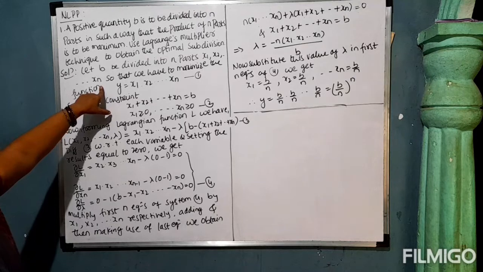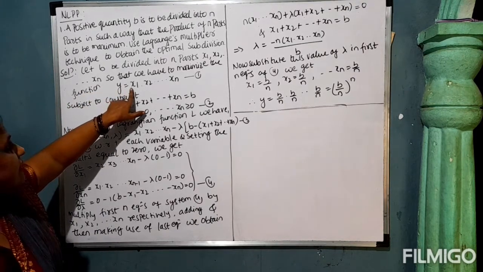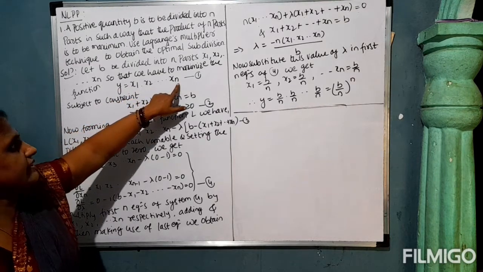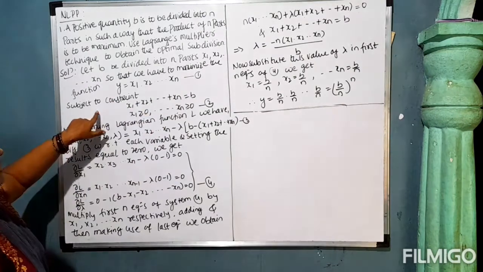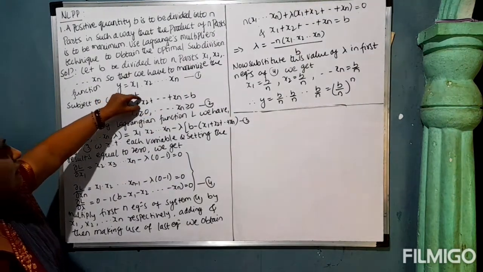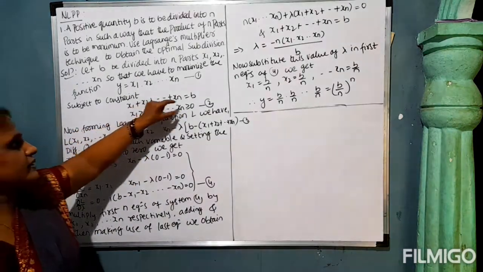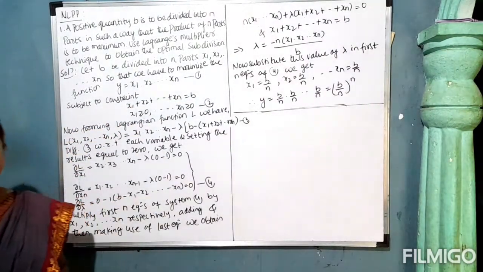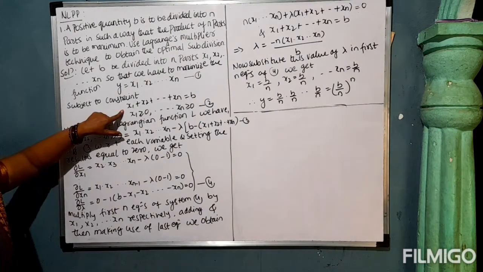Now we have to maximize their product, that is, maximize y equal to x1, x2, and so on, xn. This will become the objective function. The constraint will be that the sum of these parts must be equal to b and all are positive values. Now it becomes a non-linear programming problem with an equality constraint.